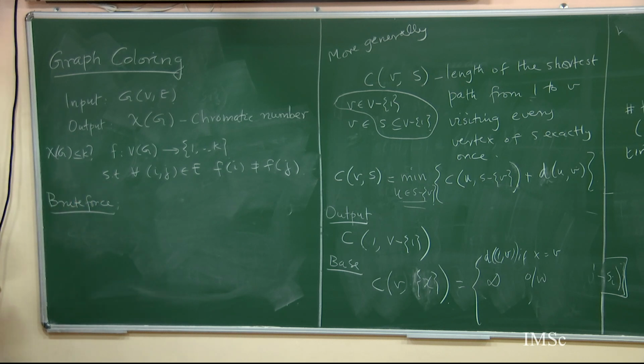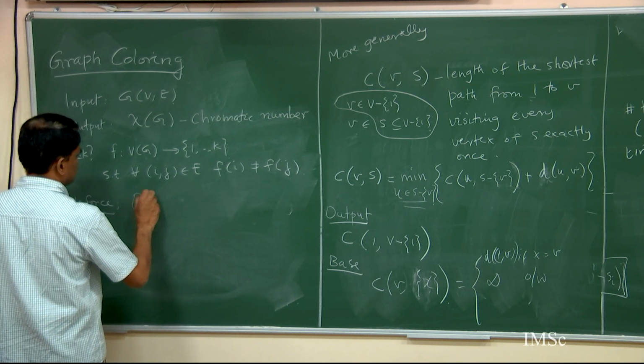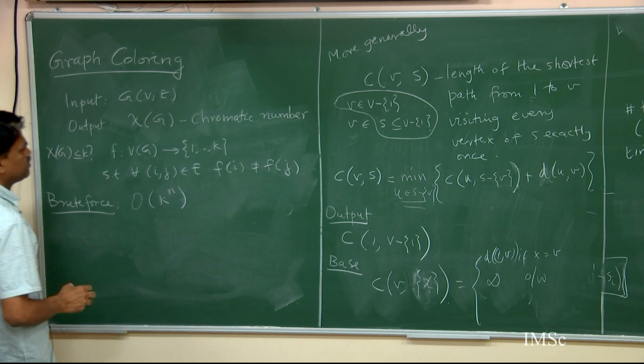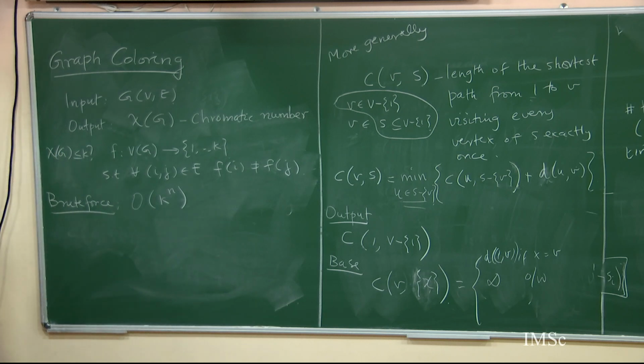So, number of different possibilities is k power n, because each vertex gets k choices, and then for each of them you check whether this condition is satisfied. So, that is like k power n, and in particular if I want a minimum chromatic number, even if k is not given to you, you just have to try different values of k, right.